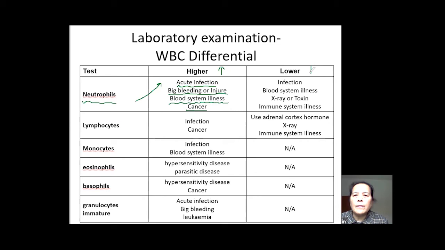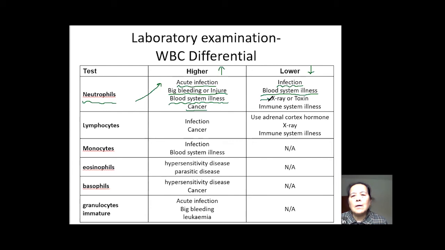And the number decreased, low number. Acute infection can cause the number to increase, but people with a long-term infection may even have a decreased number because they continually use up the neutrophils. Blood system illness can make the number increase, and it is also possible to make it decrease, depending on the kind of illness and situation.